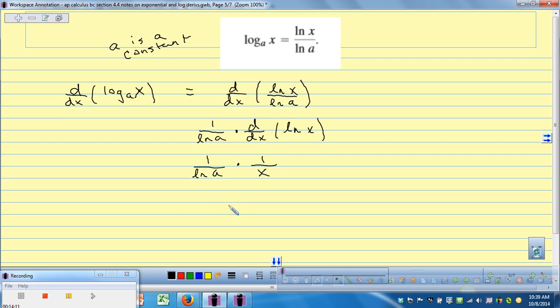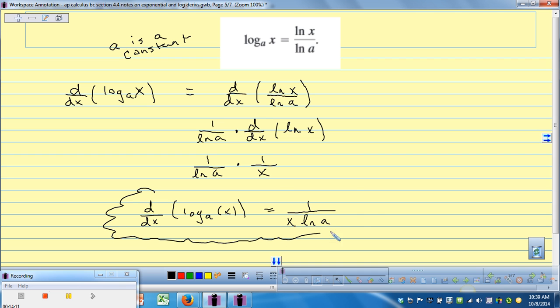So you may see that written as the derivative of log base a of x equals 1 over x natural log of a. So there is our fourth new derivative rule.